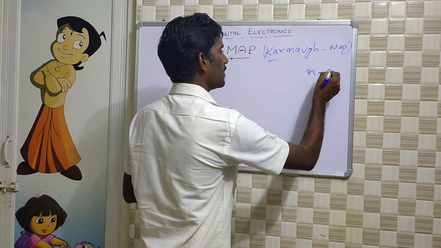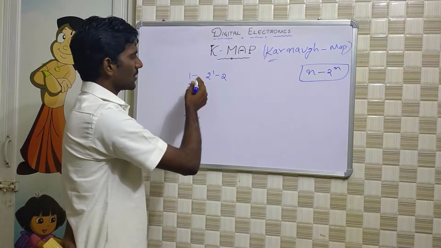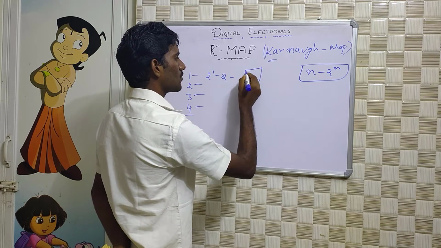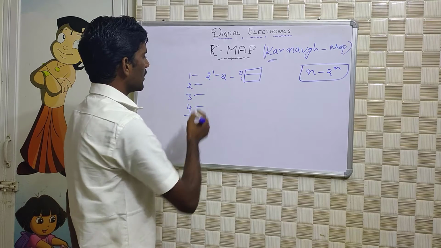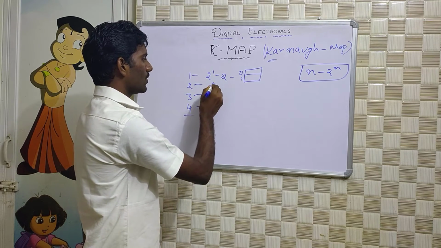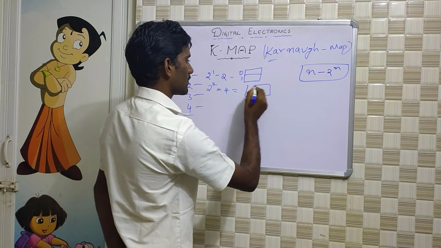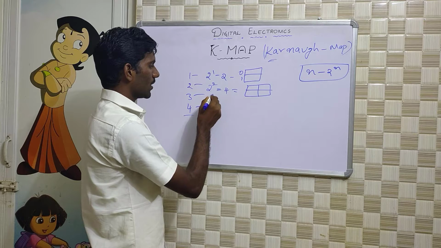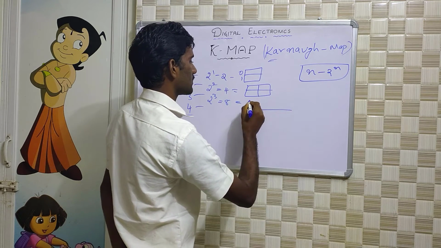For one variable there will be 2 power 1 cells, meaning 2 cells, 0 and 1. Similarly for 2 variables we have 2 power 2, so there will be 4 cells. Similarly for 3 variables, 2 power 3 cells, which is equal to 8.